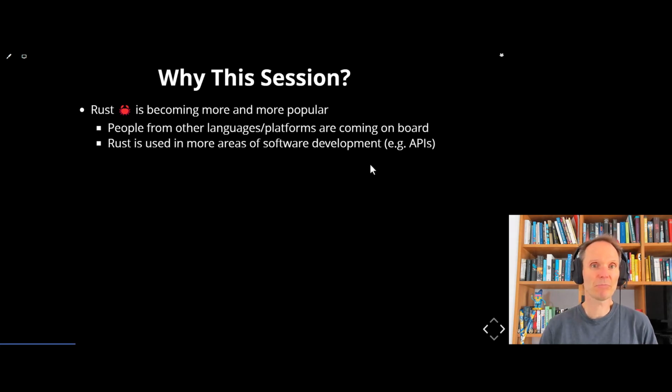Because the home ground of Rust, where it was originally used most, is exactly in that area: systems programming and embedded programming and things like that. But when more and more people come onto the platform and learn to value the unique properties of the Rust programming language, those people are also going beyond systems programming and embedded programming. They want to do regular software development, like for instance, implementing web APIs.